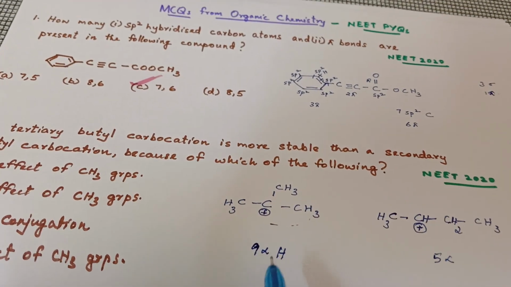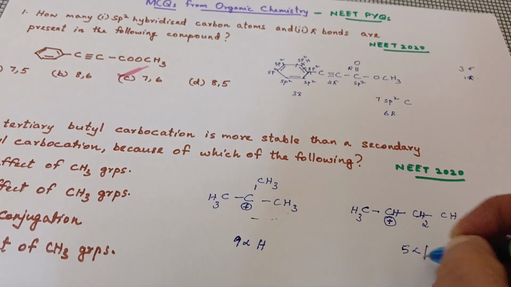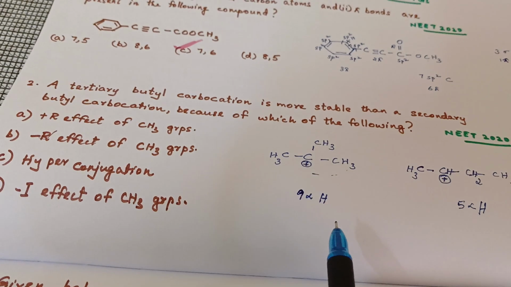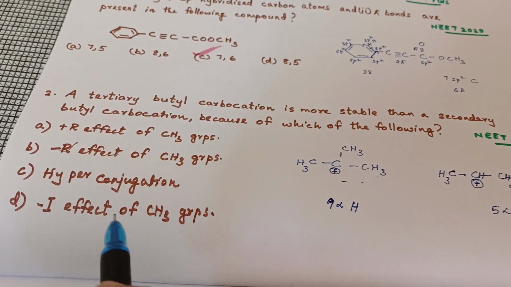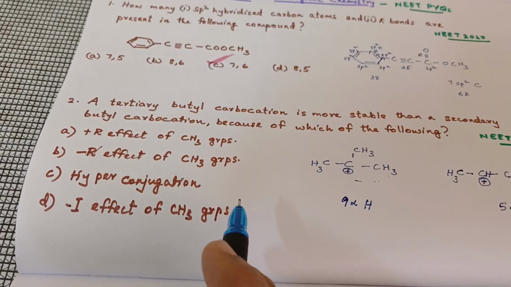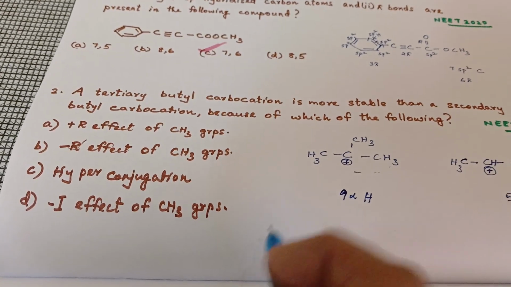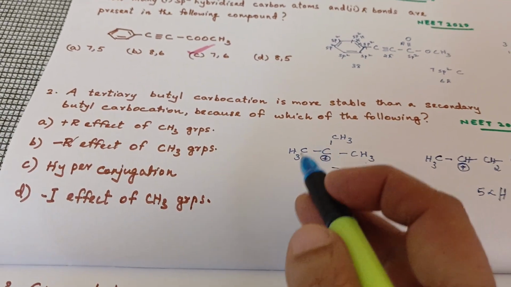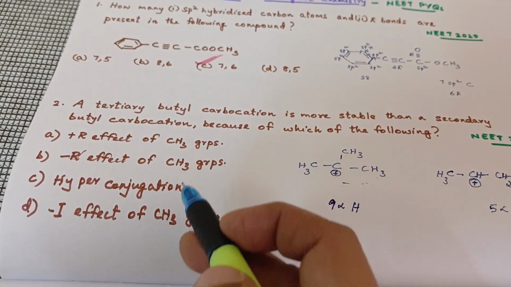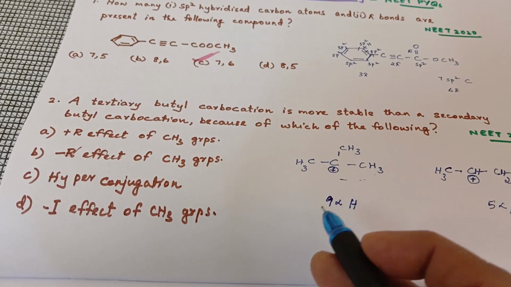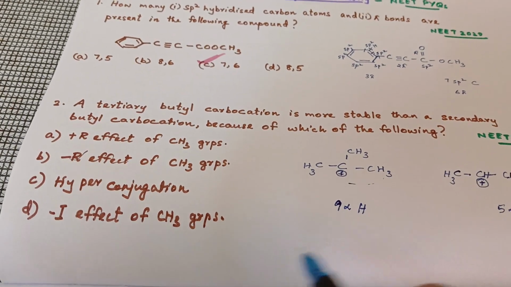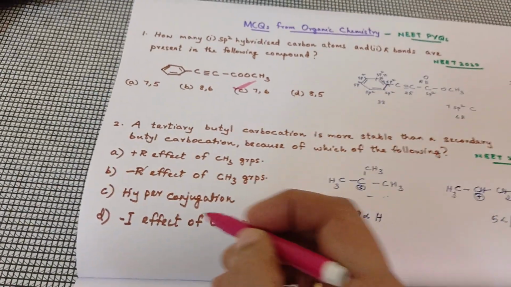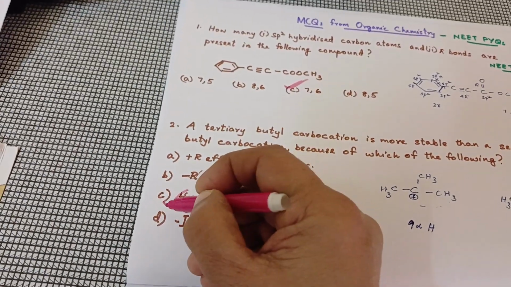So that is why, since tertiary butyl carbocation is having 9 alpha hydrogens, it is more stable, and that is due to the hyperconjugation effect. The electron donating effect of CH3 can also be counted, but that effect is not given here. It will be the plus I effect of CH3 groups. But here we have hyperconjugation. So that is the correct option. Option C will be the correct option.